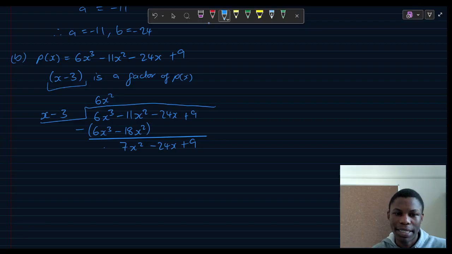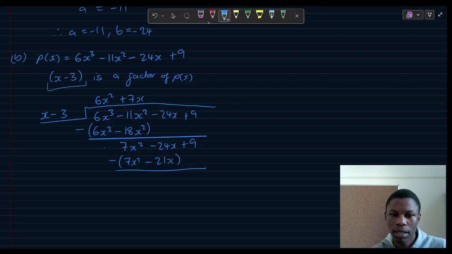How many times does x go into 7x squared? That's 7x. 7x times x is 7x squared. 7x times negative 3, that's minus 21x. And 7x squared minus 7x squared is 0. Minus 24x plus 21x is minus 3x.